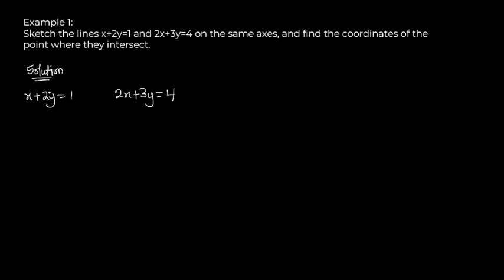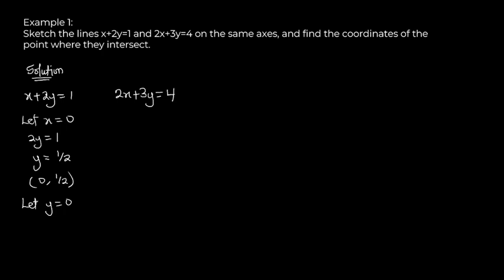So the first thing we do is we say, let x be equal to 0. Now if x is equal to 0, it means we have 2y is equal to 1, and therefore y is equal to half. So from here we have the point (0, 1/2) as one of the points for this equation. Now the next thing we do is we say let y be equal to 0.